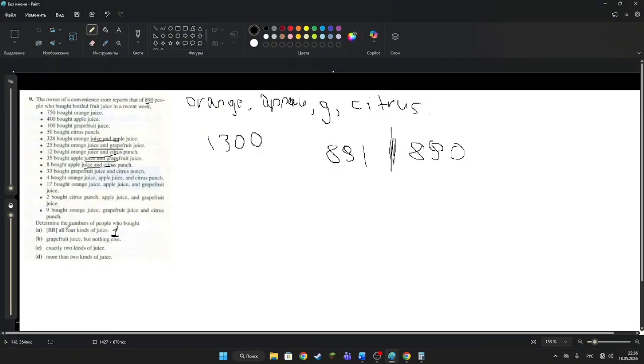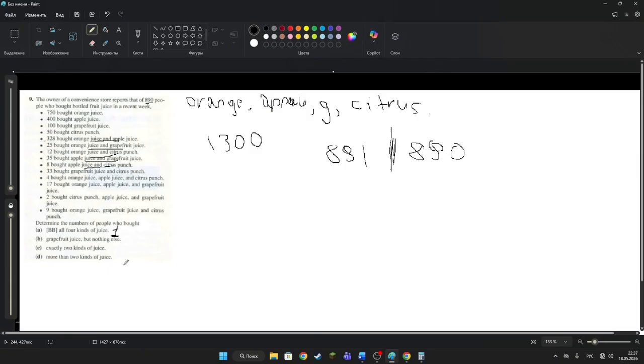Next case, grapefruit juice, but nothing else. But at first let's calculate the case: there is more than 2 kinds of juice.